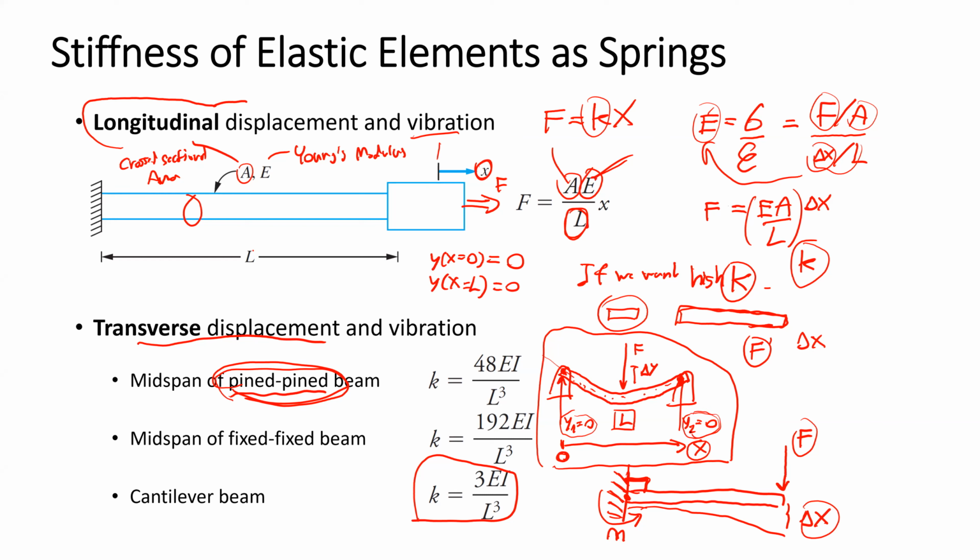But the slope dy by dx, when x equal to 0, the slope here doesn't need to be 0. But for the cantilever beam, the slope will be 0.